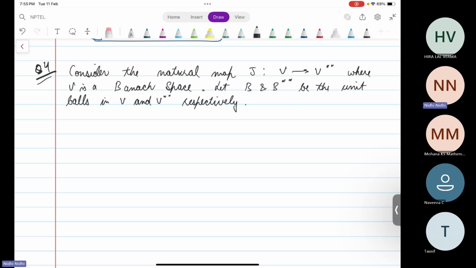Show that JB is dense in B star star if and only if V is reflexive.